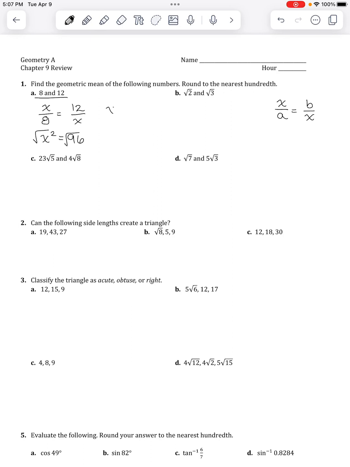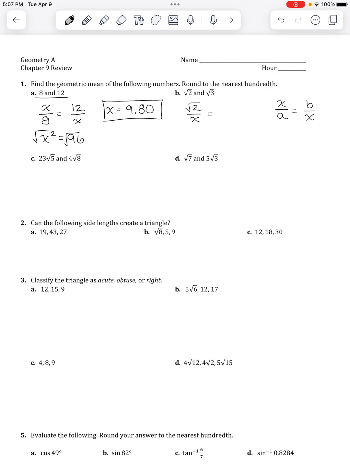Since we're rounding to the nearest hundredth, that means 2 decimal places. X is 9 point 7979589, etc., which means the second 7 makes the 9 increase, and the 9 makes the 7 increase in turn, so 9.80.